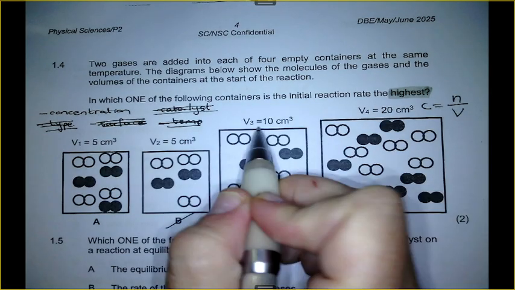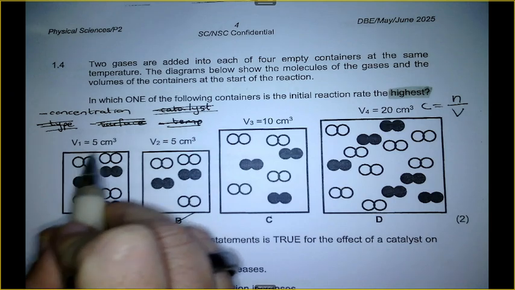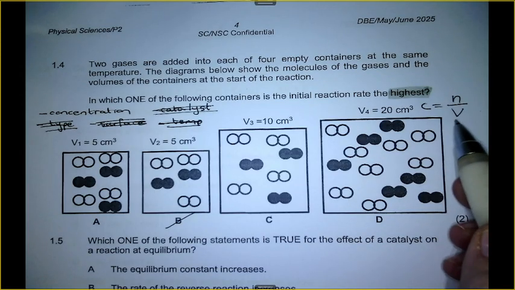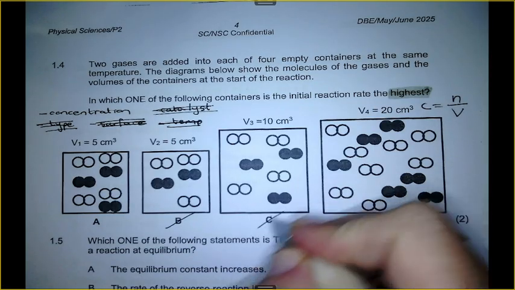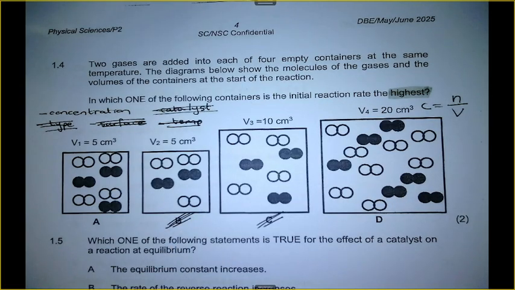But C is twice the volume of A. Same number of particles, but much bigger volume. So it also cannot be C. And those two explanations to me weren't that bad. They were relatively logical.